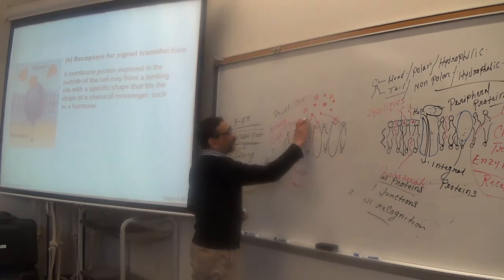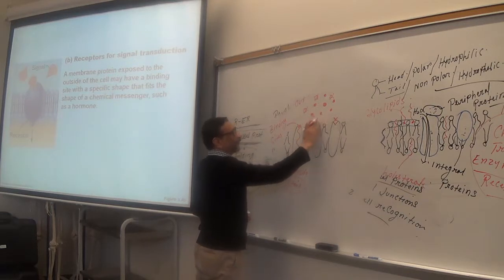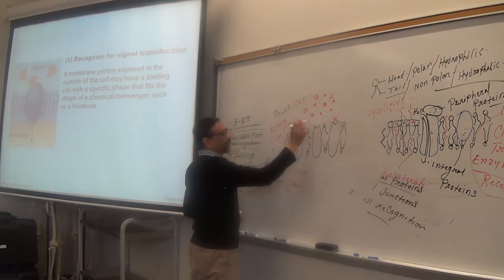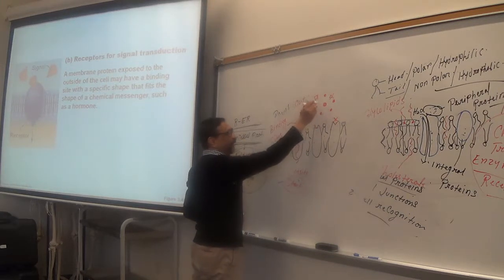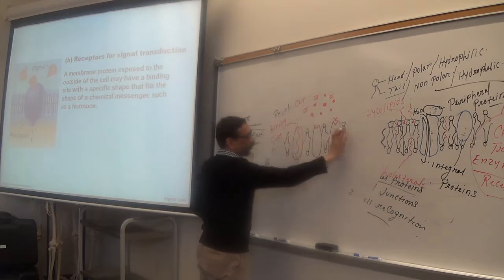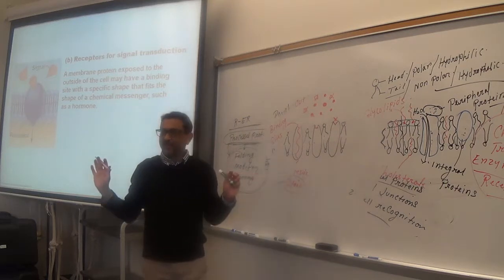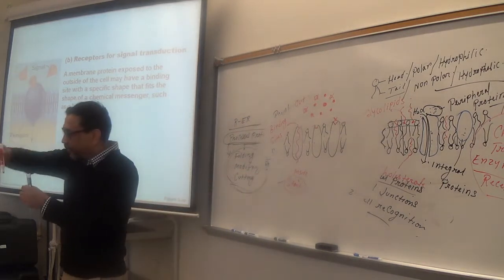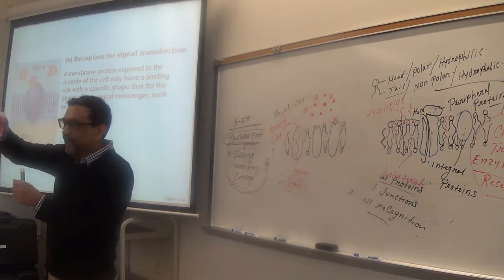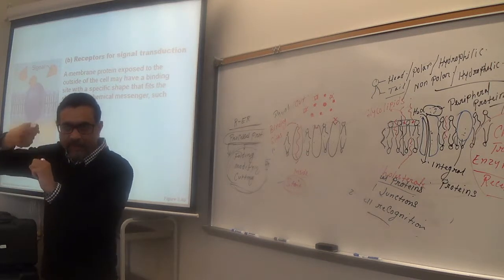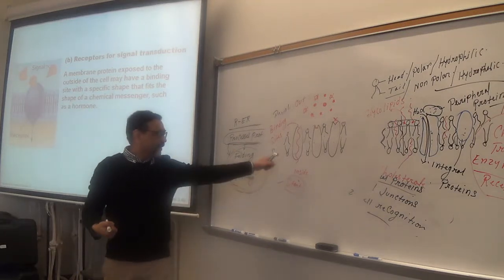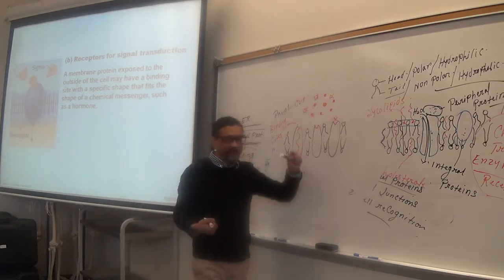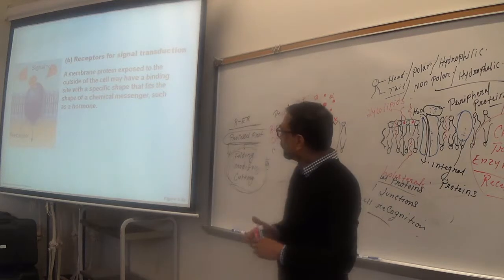If none of these shapes match with this, then this cell will not be activated. Makes sense, right? So the signal molecule that is coming from outside must perfectly bind with the receptors. So these are the integral proteins working as receptors.